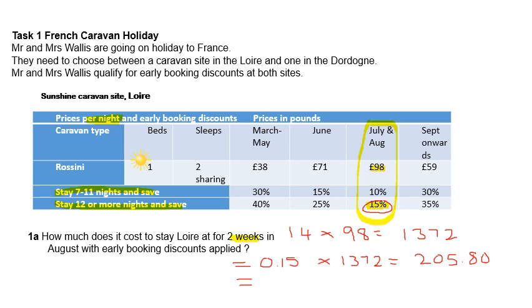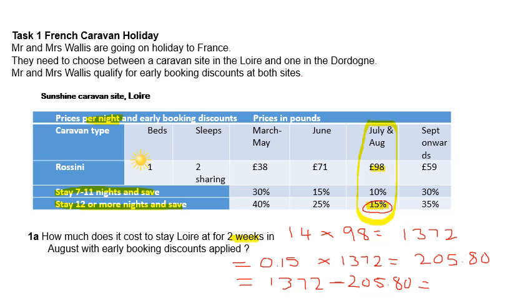To work out what the Wallaces actually pay then, it's the 1,372, and we then take away the £205.80 to get our final answer for this part of the question. And again, when we do that on our calculator, let's just do it a different color.